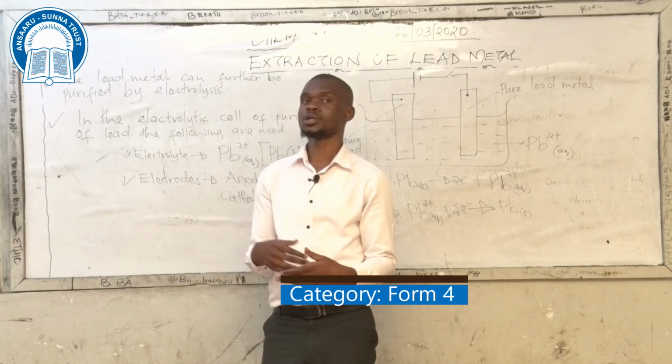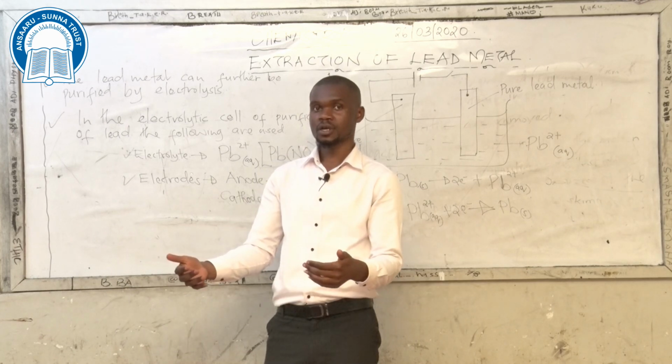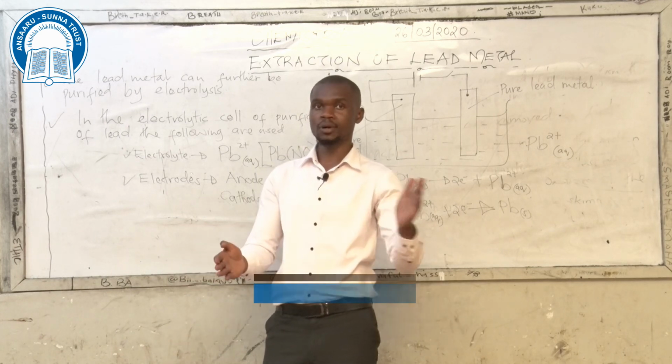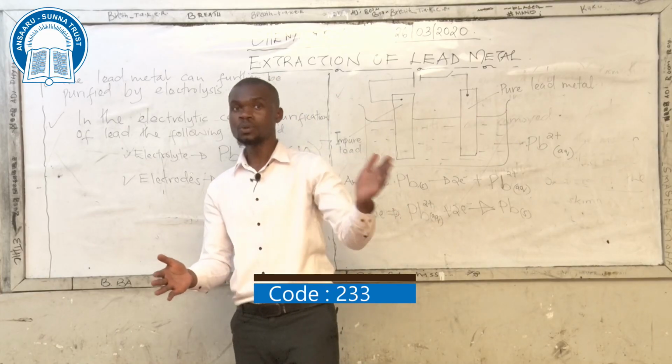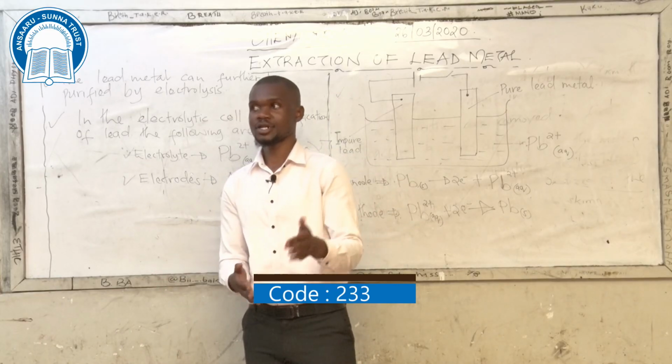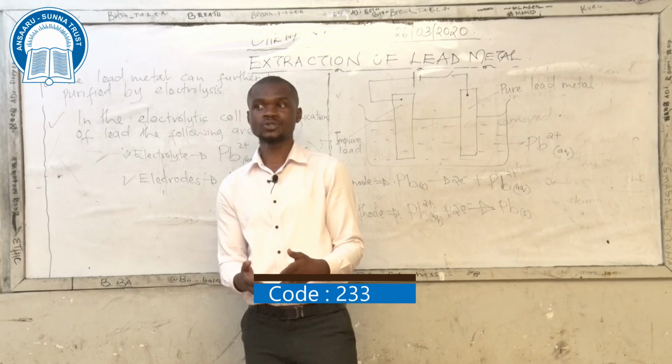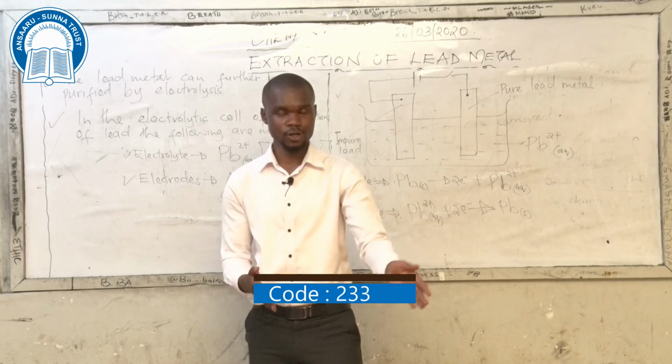So in the process of reduction, both carbon and carbon monoxide are the reducing agents, reducing the oxide to metal.